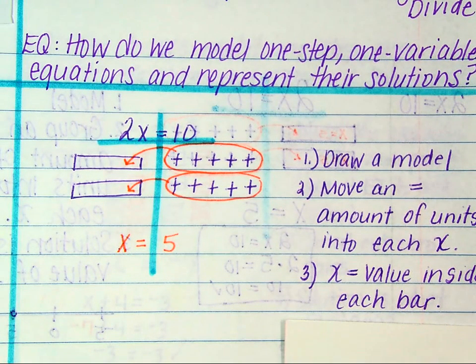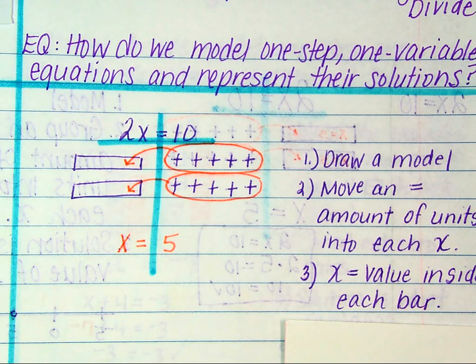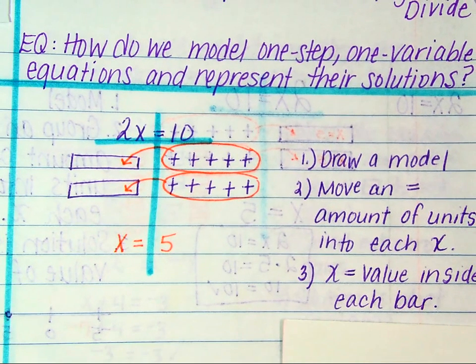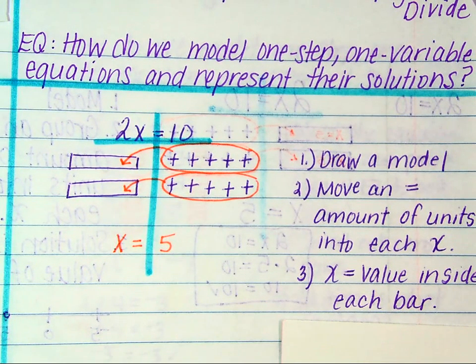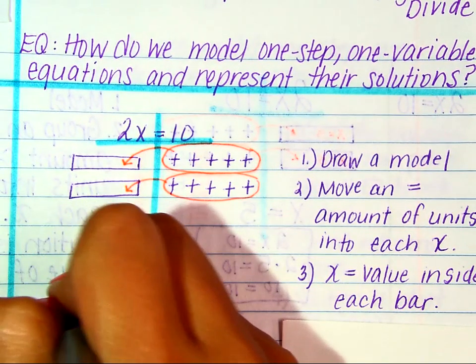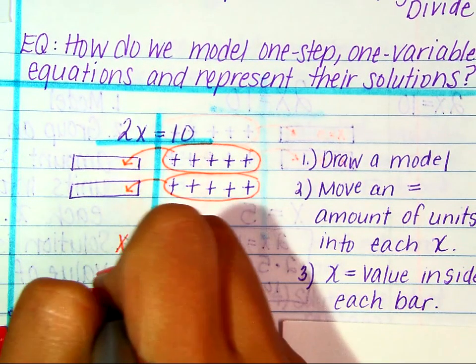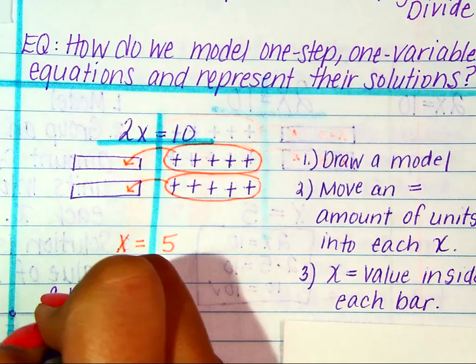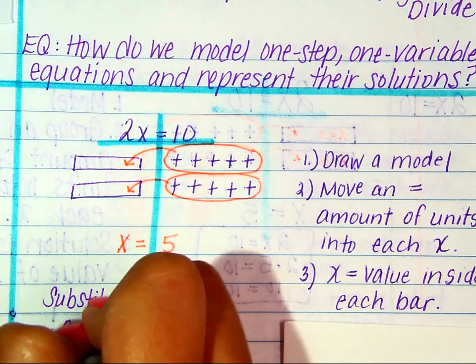We've also looked at using substitution and the inverse operation as a way to check this work. So I'm going to start by rewriting the equation. We have 2x equals 10.